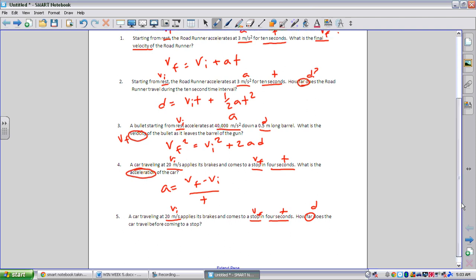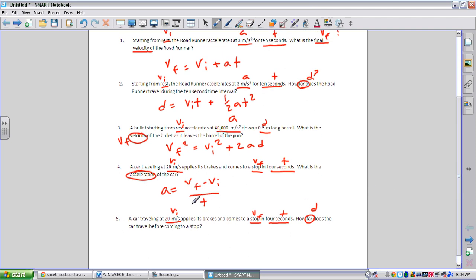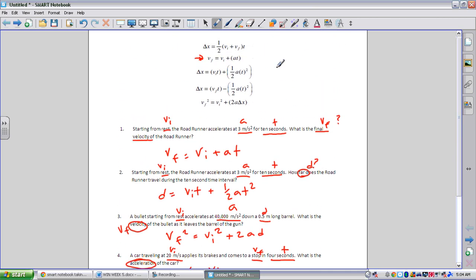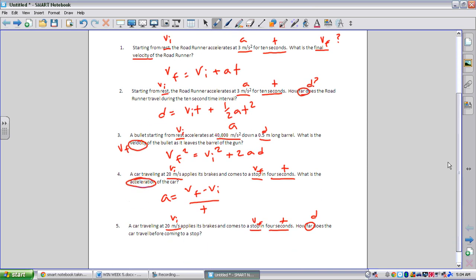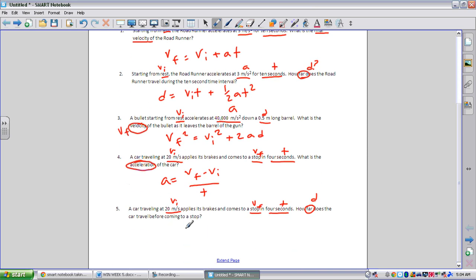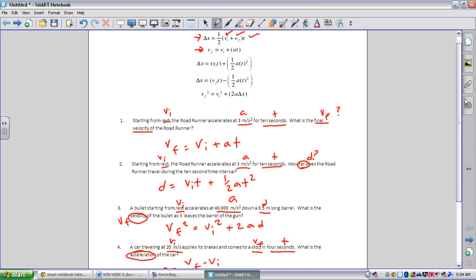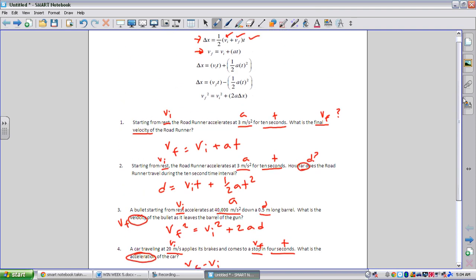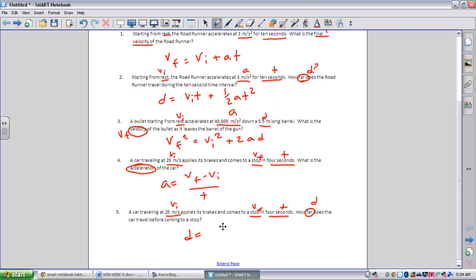And the best choice for this, given that we know the initial velocity, final velocity, and time, if you look at your equations, the best choice would be this first one right here, because we know the initial velocity, the final velocity, and the time. And you can find the distance. Again, delta x is distance, right? So your distance equals 1/2 initial plus final times time.